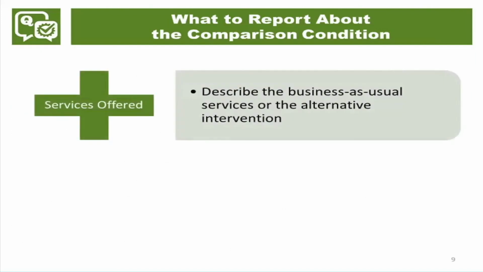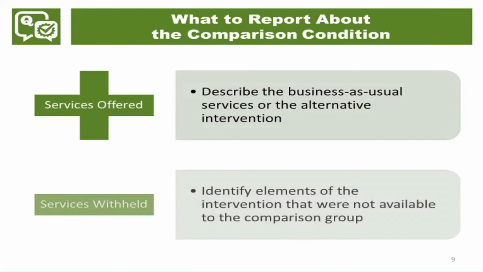So you would start by describing what the business as usual services were that the students got, or if you're studying your intervention against an alternative intervention, what that alternative intervention consists of. At the same time, you also want to be clear what services were withheld or not made available to the comparison group. Again, all of this together will make clear the differences between the treatment group and the comparison group and what exactly the effects represent.